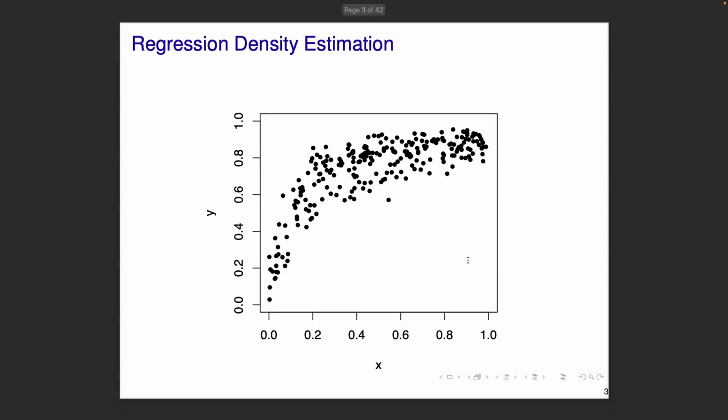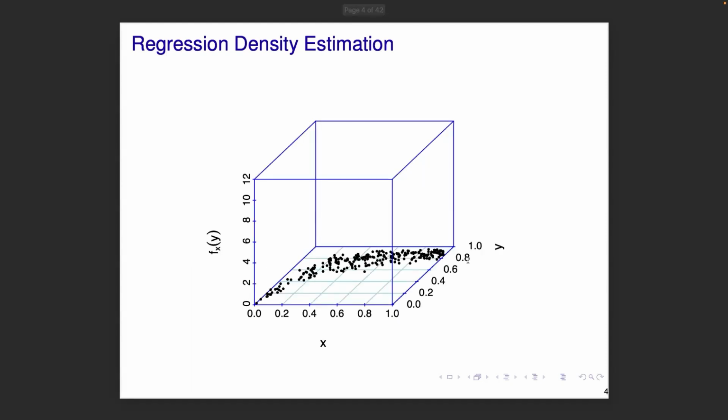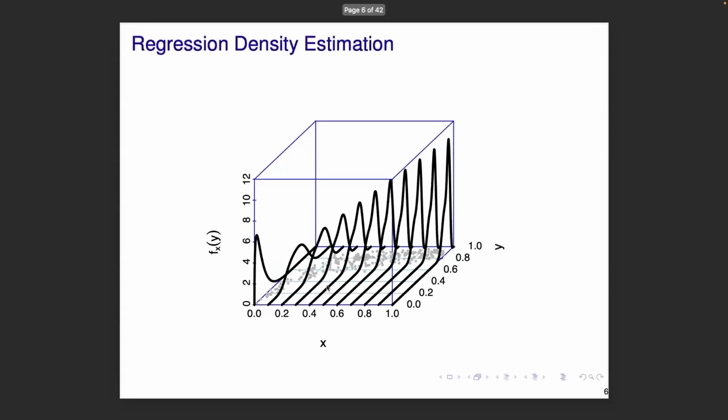Just to better illustrate, in case you are not familiar with this setup, let's say that we have just a univariate response and a univariate predictor. These are the data. Now we are going to add an extra axis to represent the densities that we want to estimate. For each value of X, we can imagine that we have a density here that we want to estimate. If we place some of these densities in this space, we want to estimate all of them for any value of X, but this is just a subset of them.